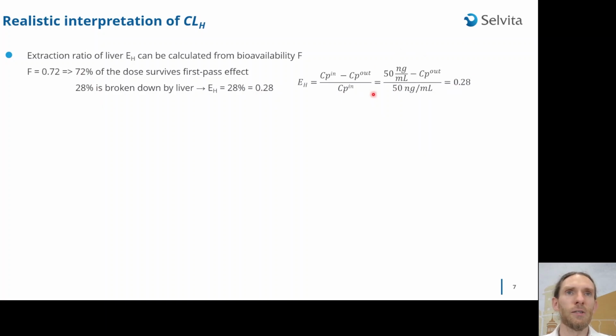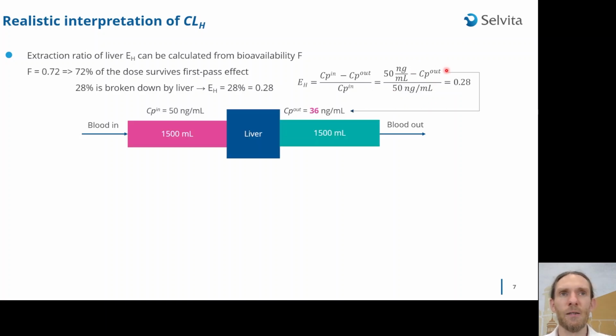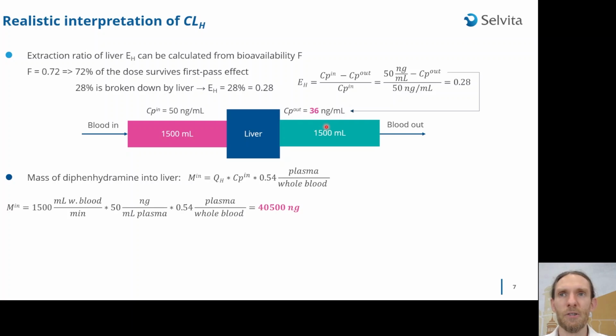And from the definition of the extraction ratio, we can calculate the concentration of Benadryl that is in the plasma that leaves the liver. From this simple math, we obtain the number of 36 nanograms per milliliter. This is the concentration of the drug in the blood that leaves the liver.